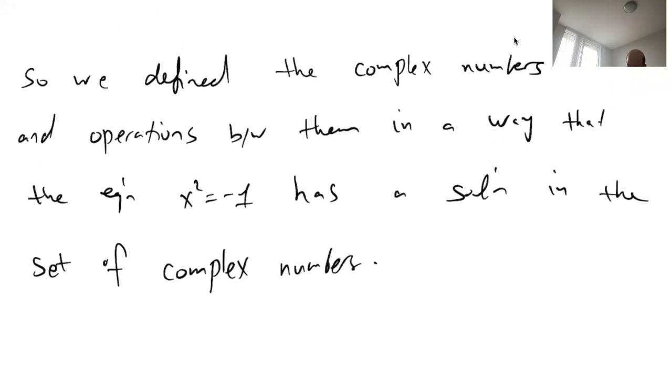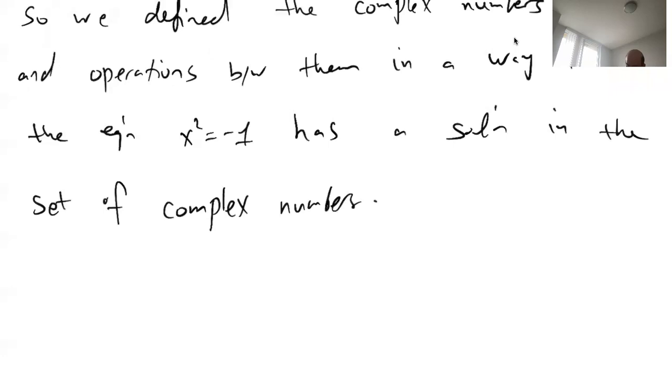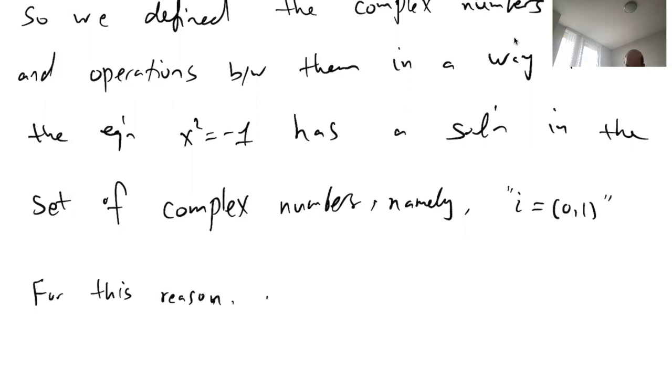So it has a solution within the set of complex numbers, namely i equals (0, 1). For this reason, i is also denoted by root -1.